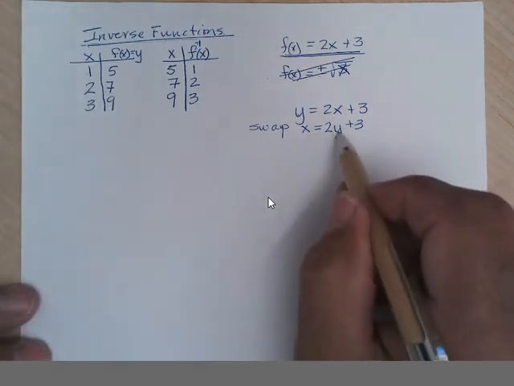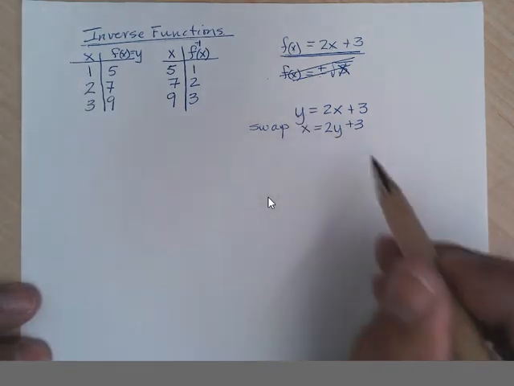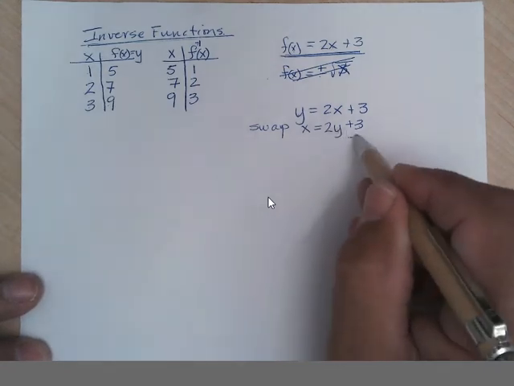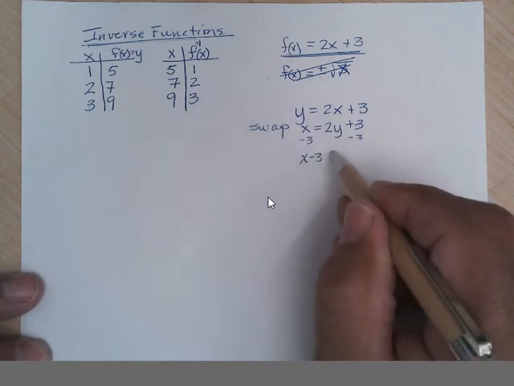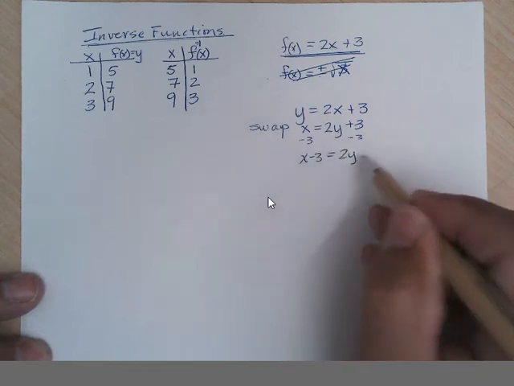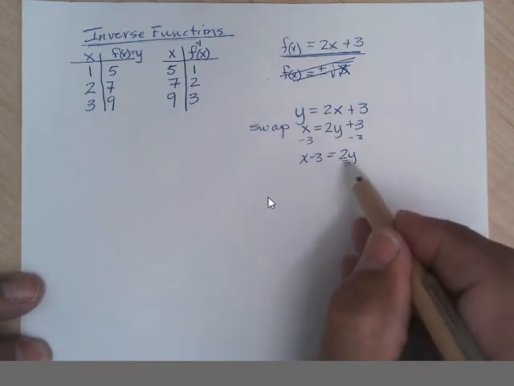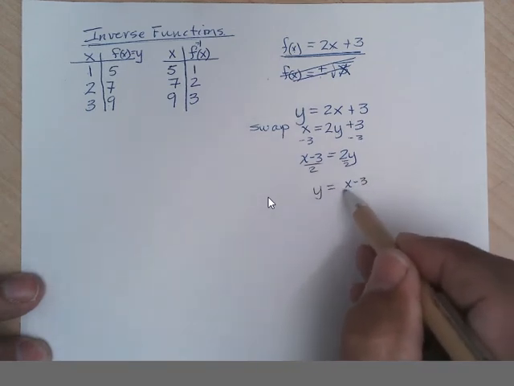And now I solve for y. So I figure out how to get the output. To solve for y here, it's times a 2 and plus a 3, so I subtract 3 from both sides, and I get x minus 3 equals 2y, and then this is times a 2, so I divide by 2, and I get y is equal to x minus 3 over 2.